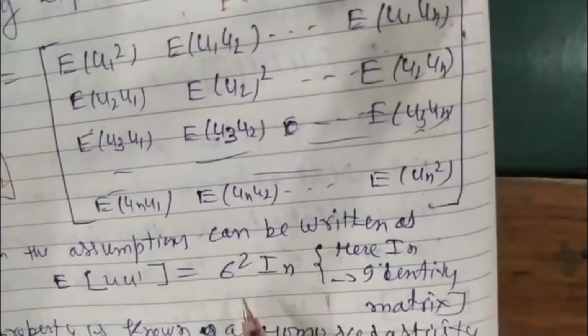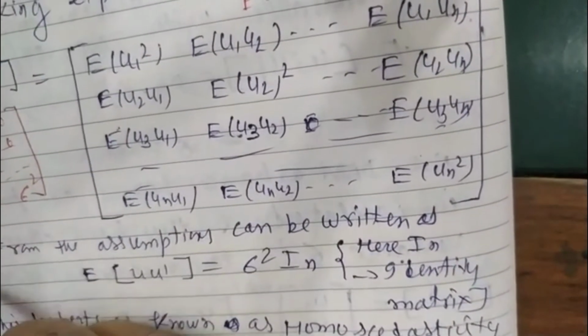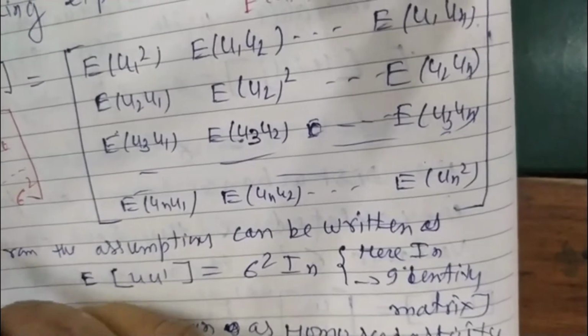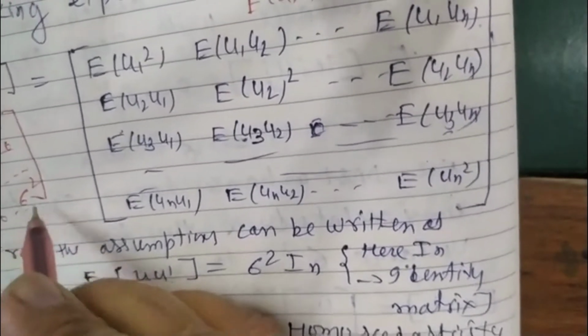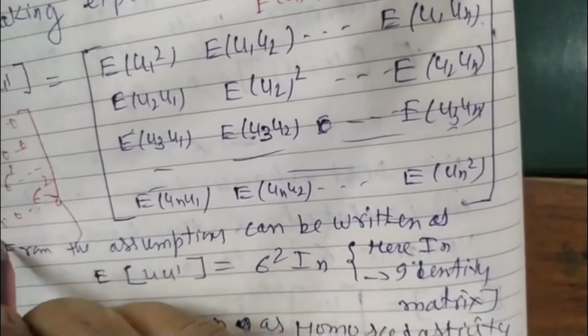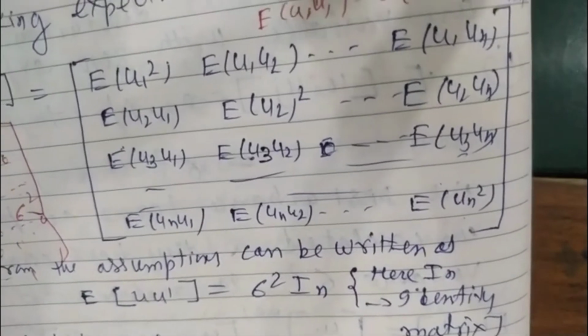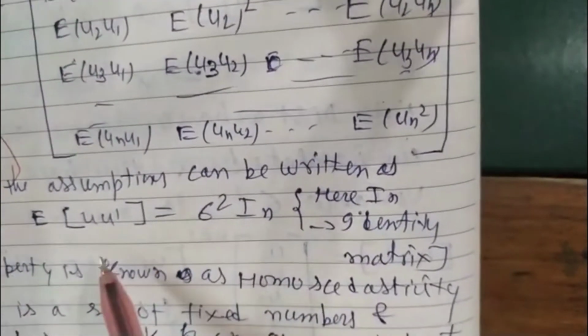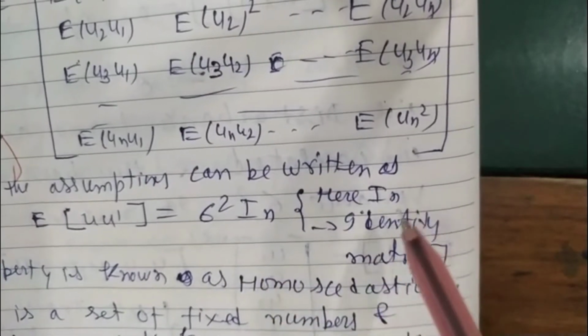And this can be written in identity matrix form: taking sigma square common, we get 1 0 0, 0 1 0, like that, an identity matrix. This can be written in the form sigma square In, where In is the identity matrix.